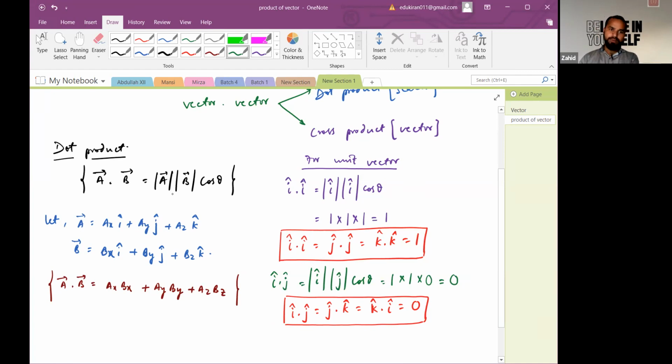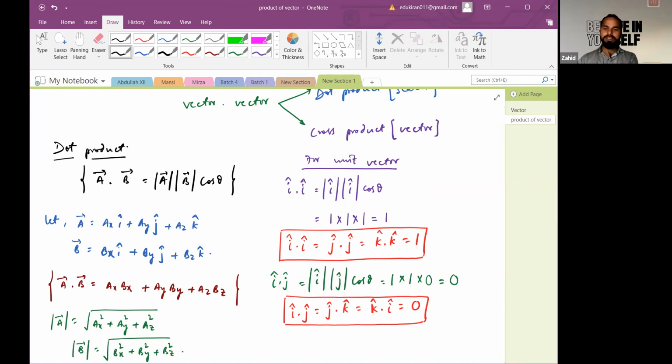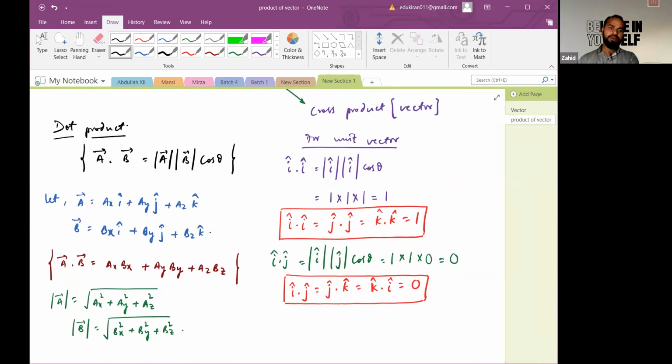Now, how do we calculate the magnitude of any vector? A mod, as we defined earlier, will be root under AX square plus AY square plus AZ square. Similarly, B mod will be root under BX square plus BY square plus BZ square. Now, on putting all the values in the above equation, we will be able to calculate cos theta.